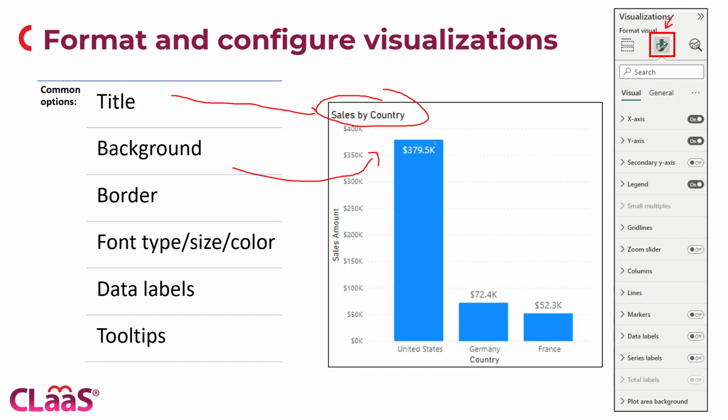Data label is the value of that point. It's good to display the data label so you don't have to estimate, is this 60 or 70, because I drew the line like this. By showing the data label, we don't need to estimate.